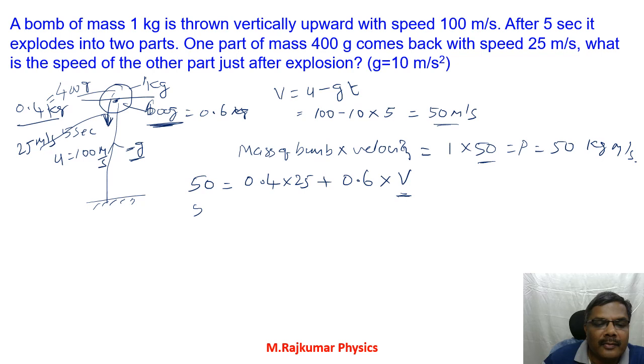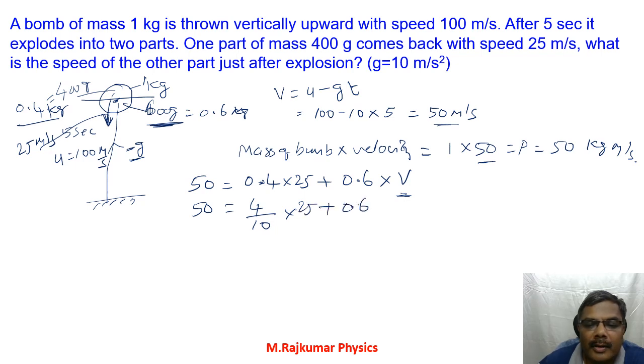So 50 will be equal to 0.4 into 25. 0.4 I can write as 4 by 10, into 25, plus 0.6 into v. So 50 equals 25 into 4, 100, by 10, which is 10 here.